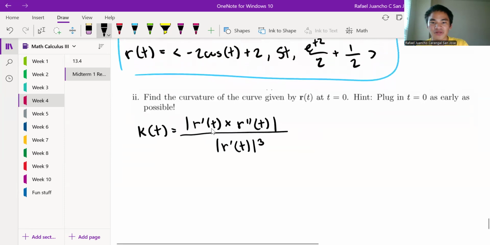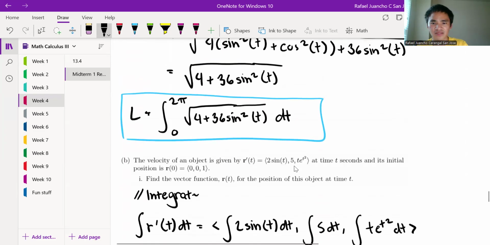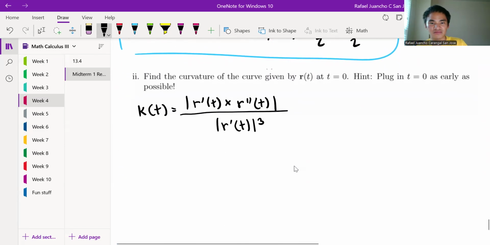So we know what r prime of t is, right? That's what we have right there. Now we want to get r prime of 0. So here we want to find the curvature k of 0. So here I'm going to switch all of the t's, make them 0, because that's what we're being asked to find.